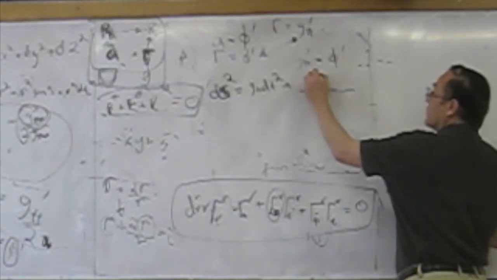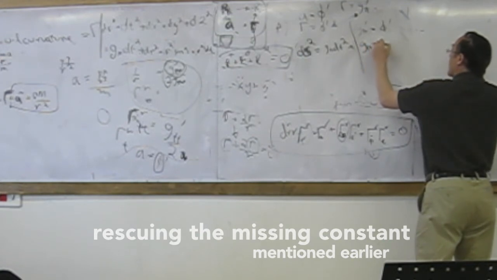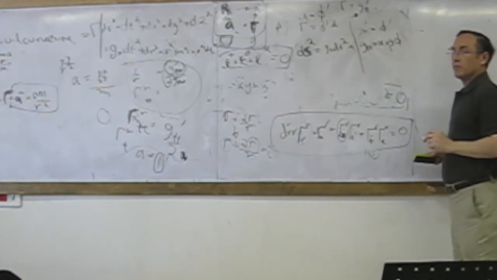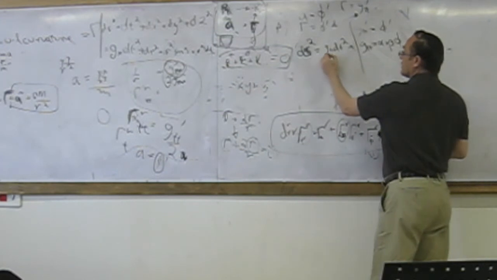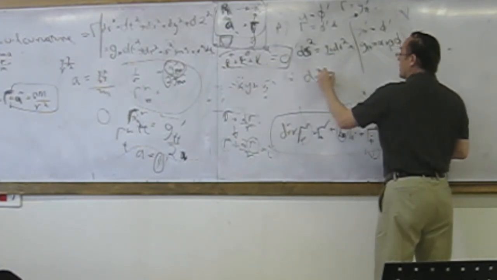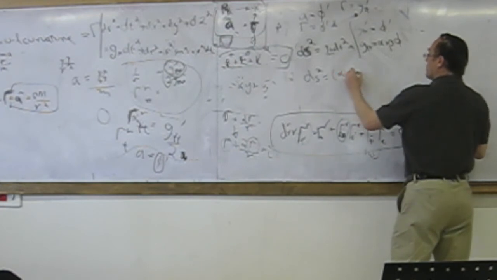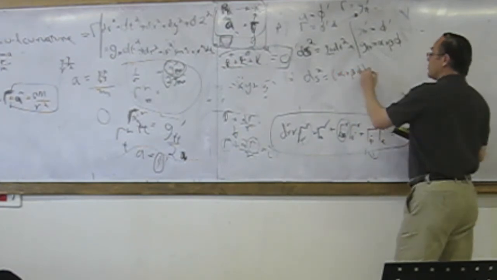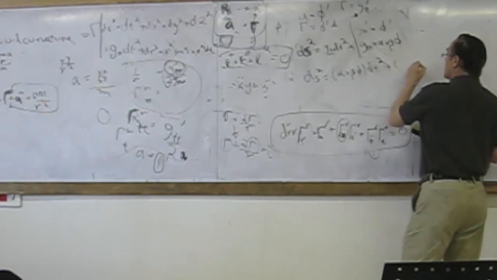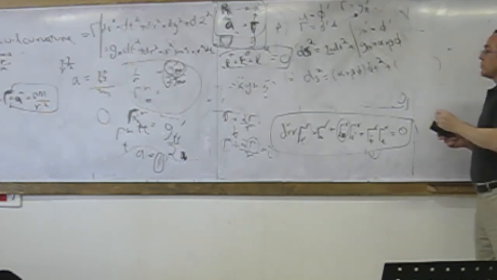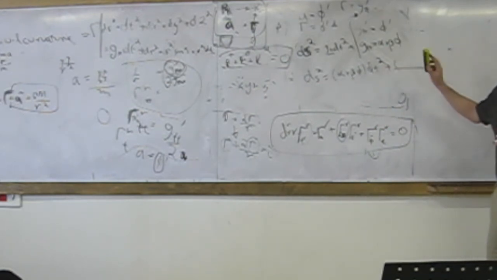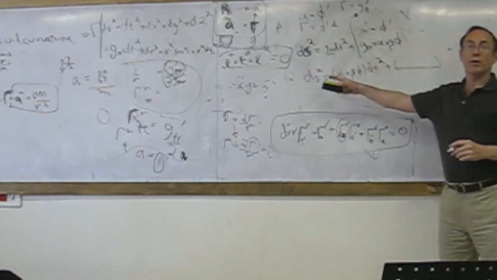If that's the case, then gtt is equal to alpha plus beta phi, which means that we're going to stick it in here. So we have ds squared, the metric of spacetime, is equal to alpha plus beta phi, where phi is the gravitational potential, times dt squared plus the spatial part. There's no function here, this is totally flat in our theory, because we only have time warping.